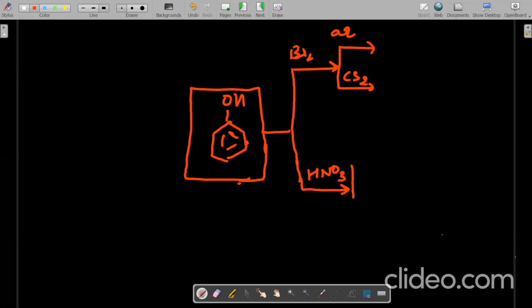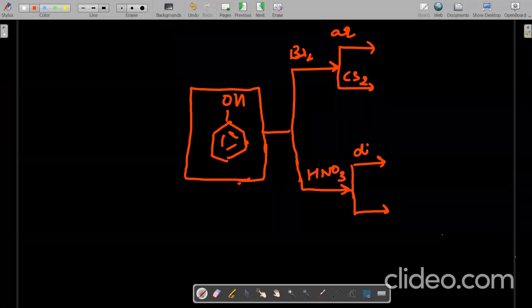Another type of reaction is nitration, HNO3, in which we have taken two mediums: dilute and concentrated. Dilute HNO3 and concentrated HNO3. What other reactions have we discussed just now?